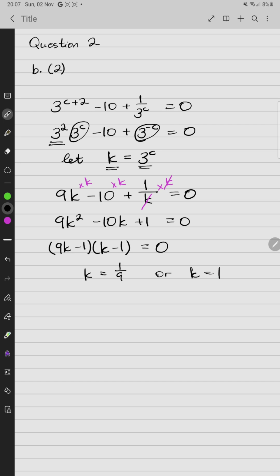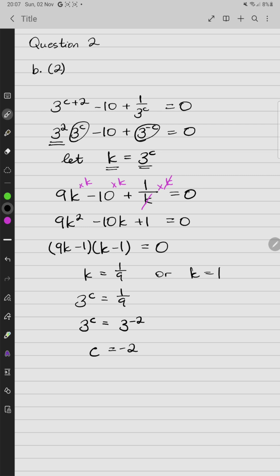Have I solved the question yet? No, I have not. So then I can say 3 to the c is equal to 1 over 9. We can write that as 3 to the c is equal to 3 to the minus 2. And then we have a common base, so we can drop it. Then we get c equal to minus 2.